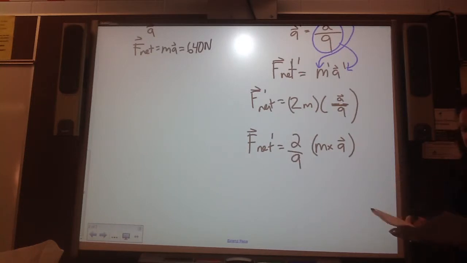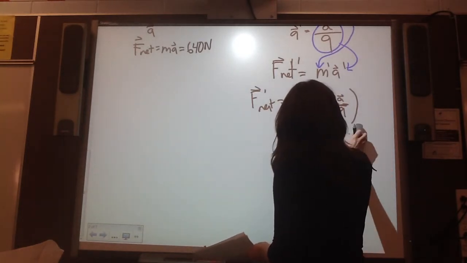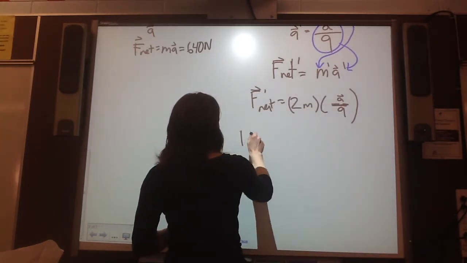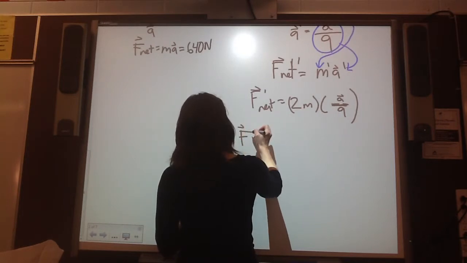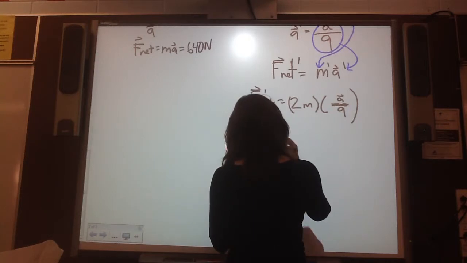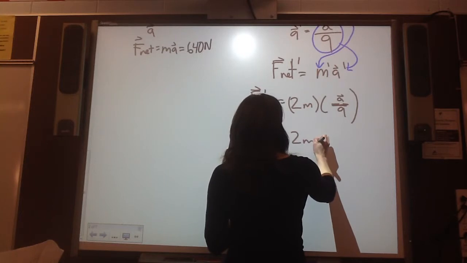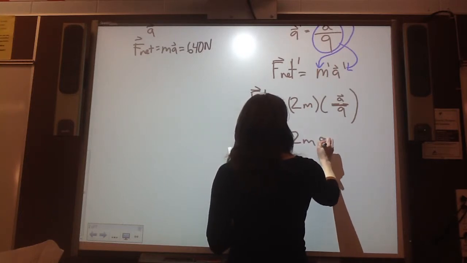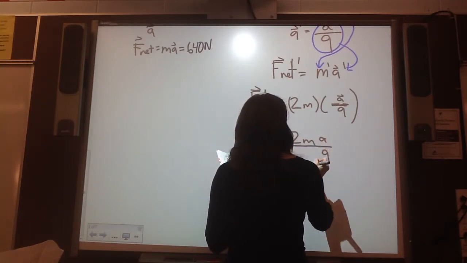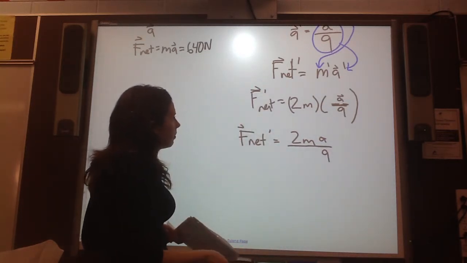Okay. So when I multiply them together, I have 2ma over 9.